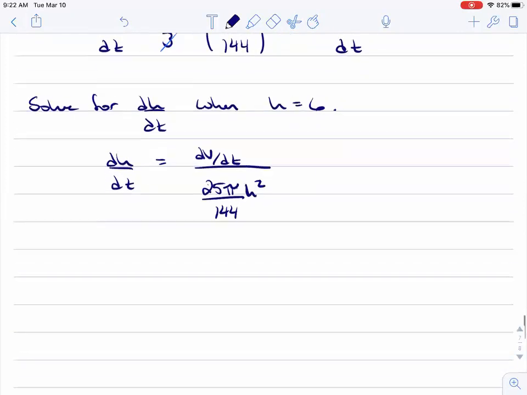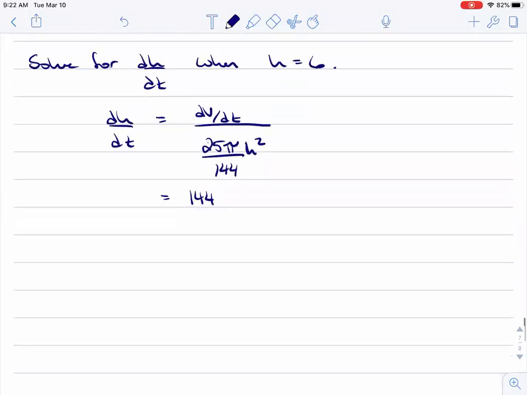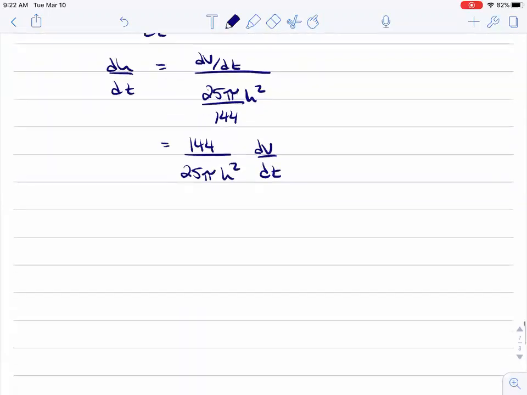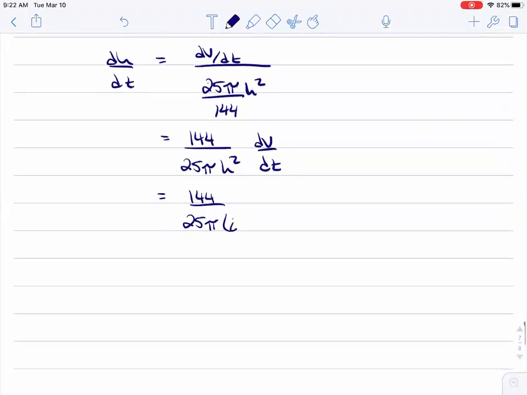Fraction over a fraction, I get 144 over 25 pi h squared times dV/dt. Flip and multiply. dh/dt is going to be 144 over 25 pi, h is 6, so 6 squared, times -5, because it's decreasing.